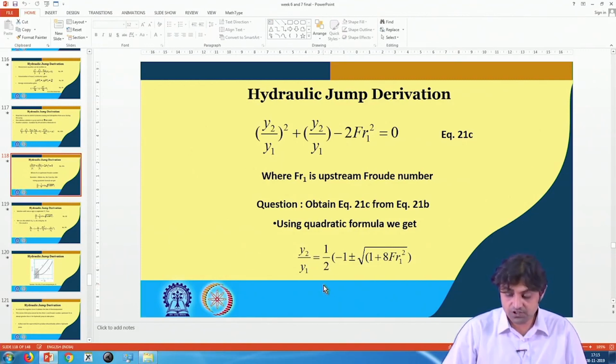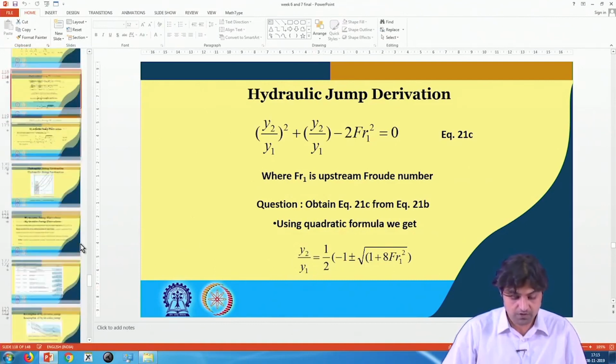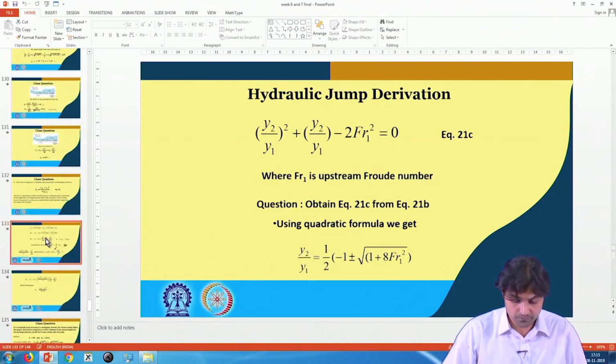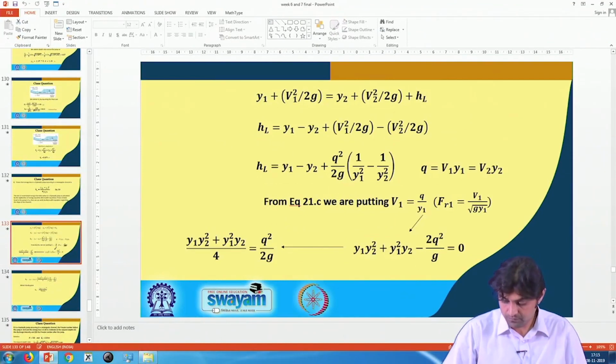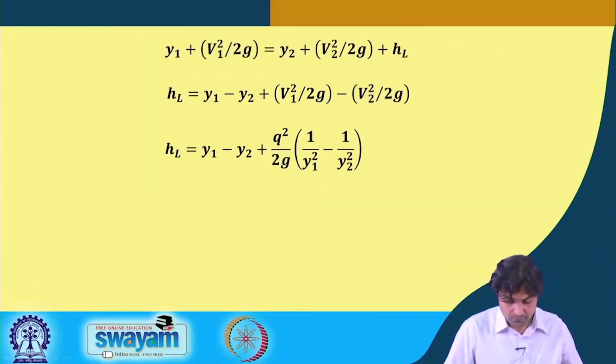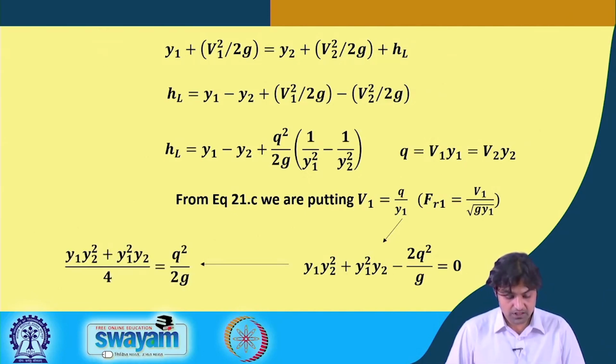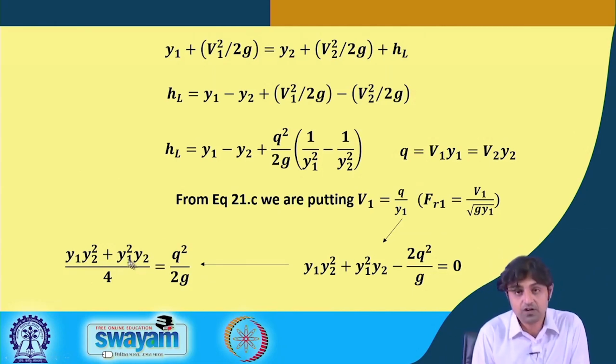So, we can use this y2 by y1 here. So, we can simply write y1 y2 whole square plus y1 square y2 by 4 is equal to q square by 2g.